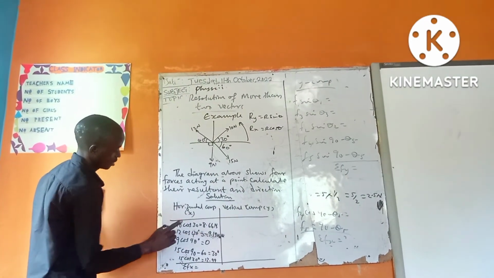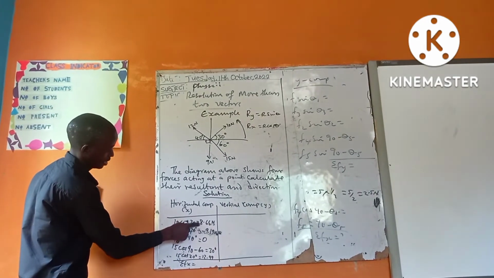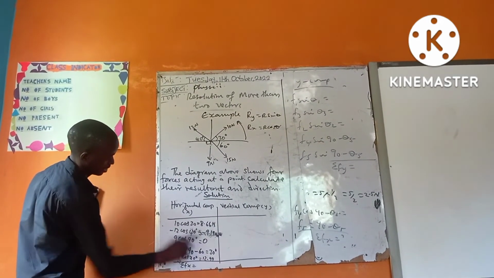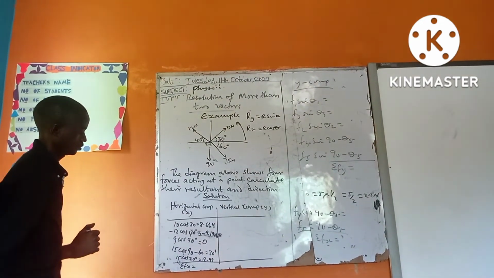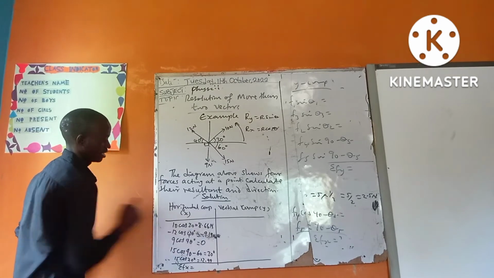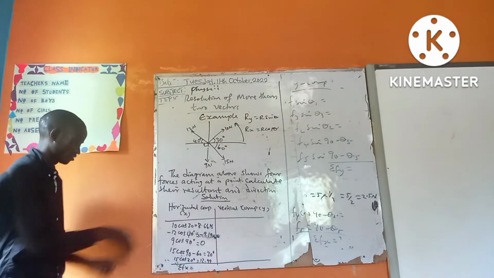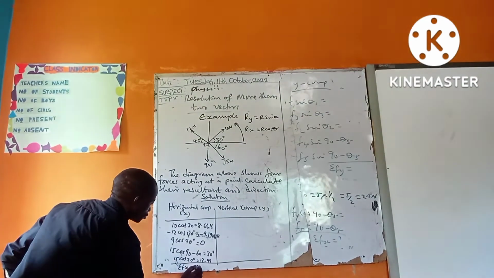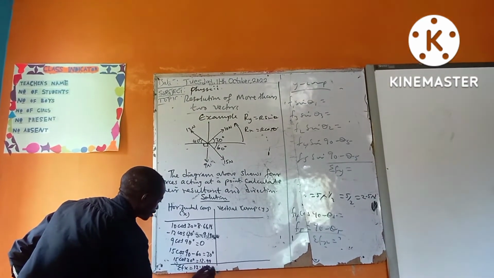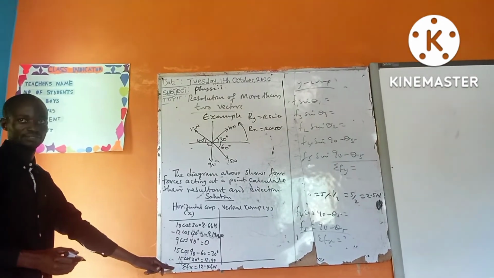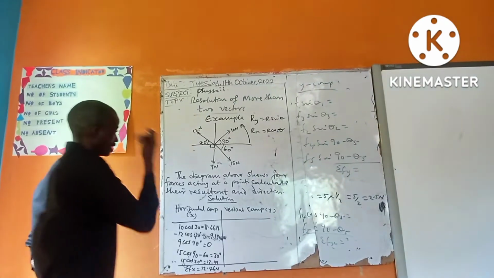So what you are going to do is add 8.66 plus 12.99. It will give us 21.65, minus 9.19. That will give us the total sum, 12.46 Newton. That's how to calculate for horizontal. Now let's do that quickly for vertical.